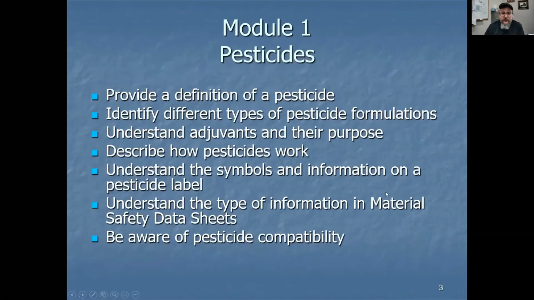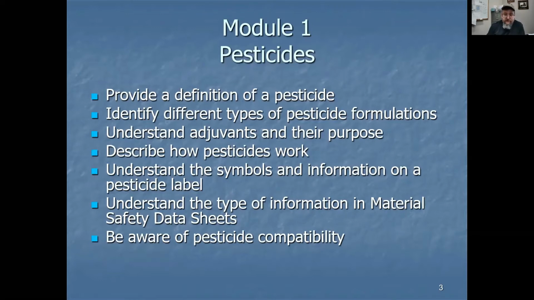All right, so Module 1, pesticides. So these are the topics we are going to cover in this module. We're going to define what a pesticide is. So the definition of a pesticide.